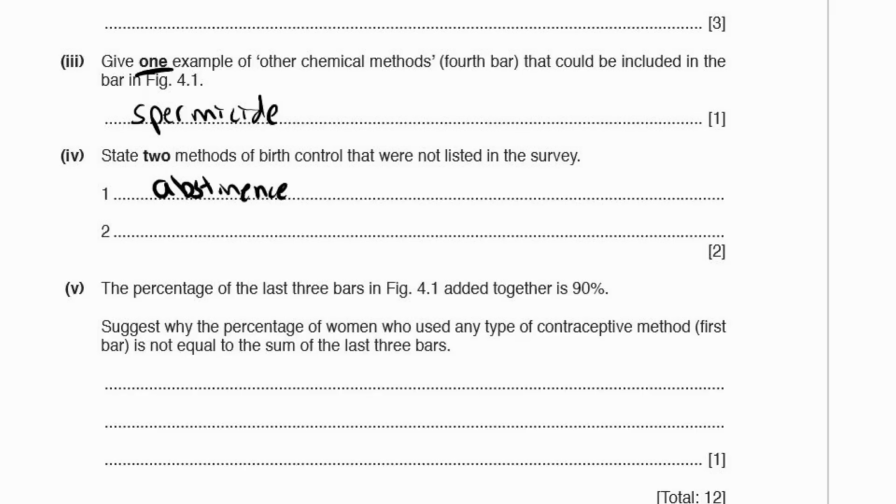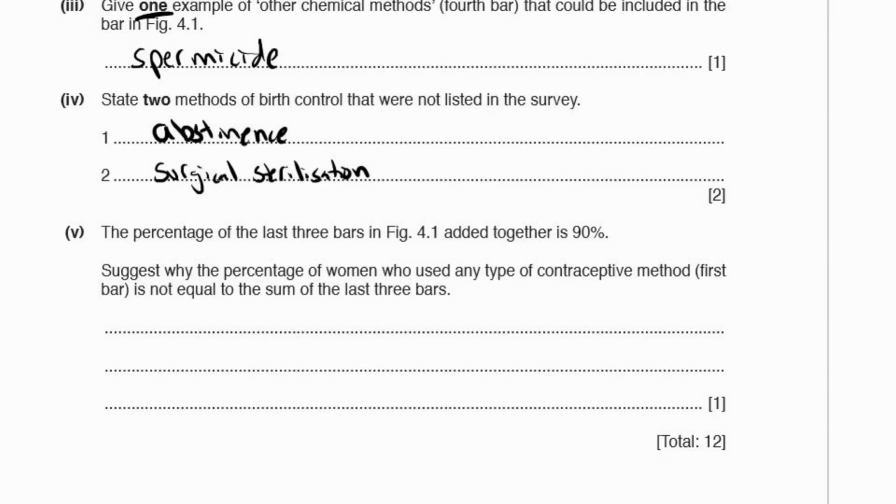You can say natural contraception or the rhythm method, which is probably the least effective way of not getting pregnant. And another way you can say is surgical sterilization. In men, they cut the sperm ducts, vasectomies, and in women, they cut the oviducts. All right.